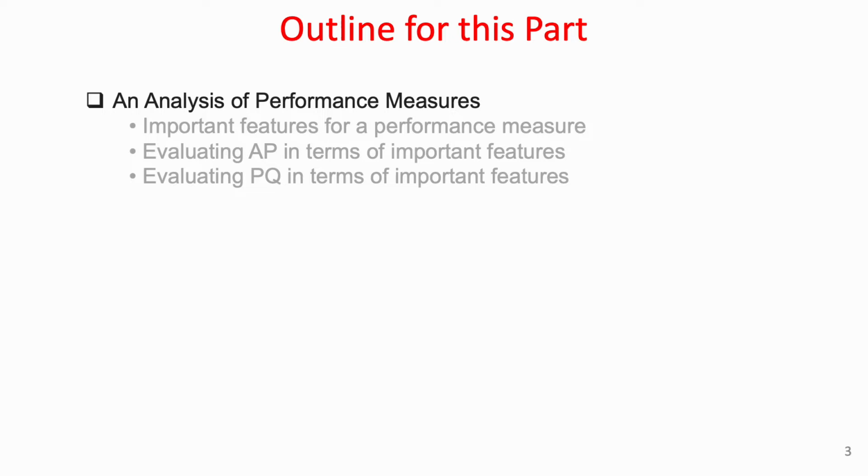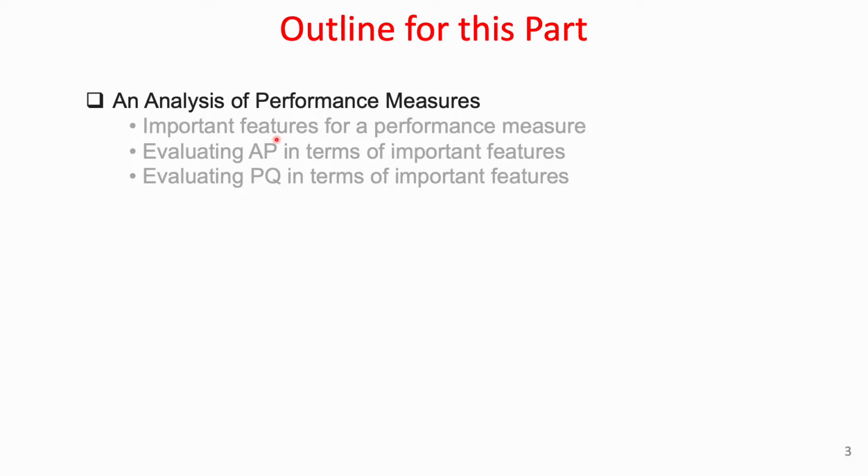Let us look closely at what we are going to talk about in this part of our tutorial. We have two main sections. In the first section, we will look at how we can analyze and compare performance measures. For this end, we will first introduce some important features that we expect a performance measure to have.